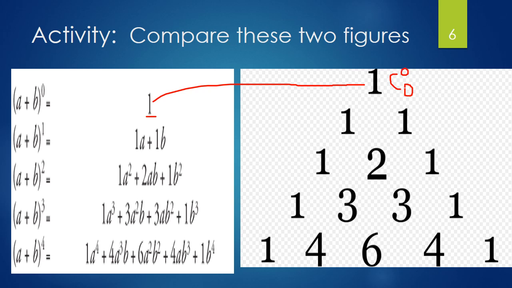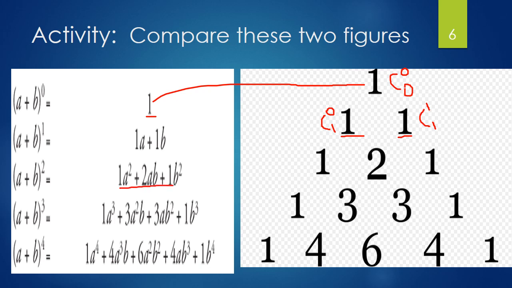Now, (a plus b) power 1 equals 1a plus 1b, so the coefficients of these letters are 1, 1, and here 1, 1 represent C(1,0), and the other one represents C(1,1), and so on.